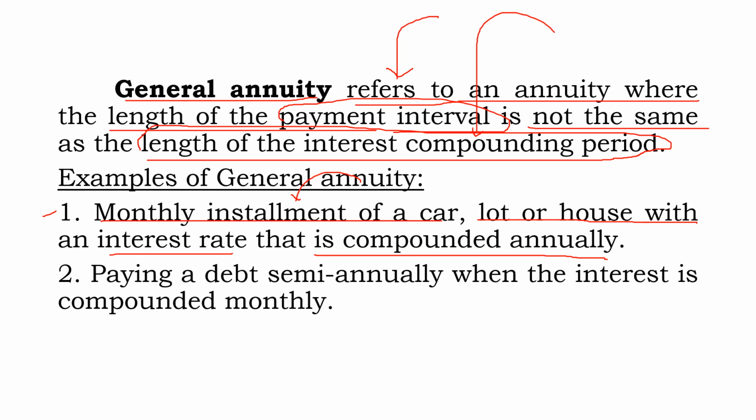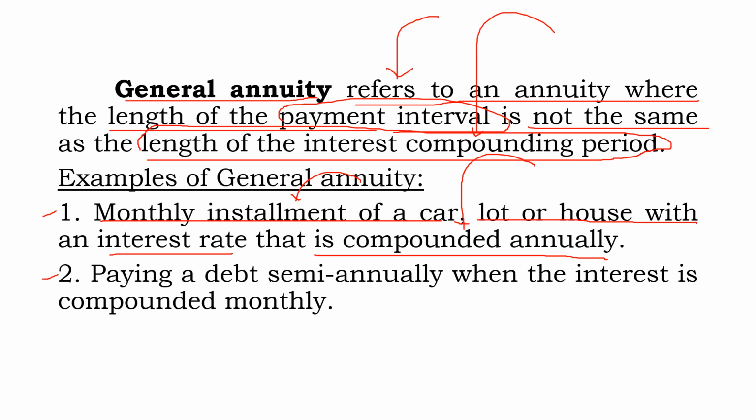But again, the length of the interest compounding period is 1 year, because the interest rate is compounded annually, or per annum, or per year. Meaning to say that the payment interval is not equal to the length of the interest compounding period, because the payment interval is 1 month and the compounding period is 1 year. So number one is a good example of general annuity.